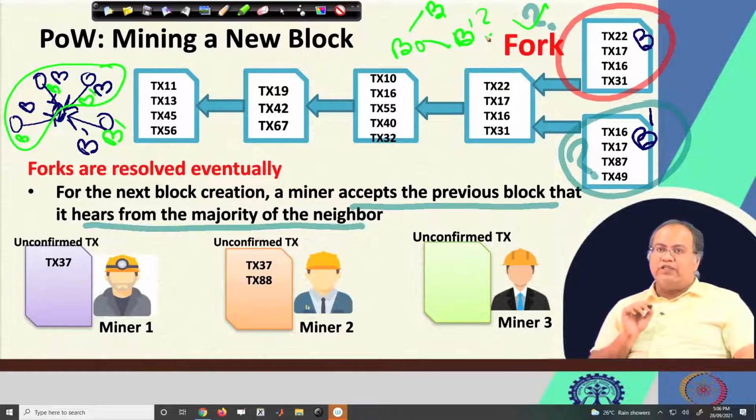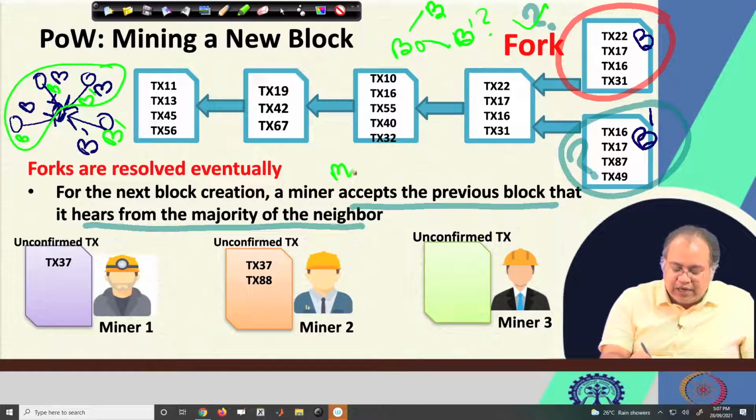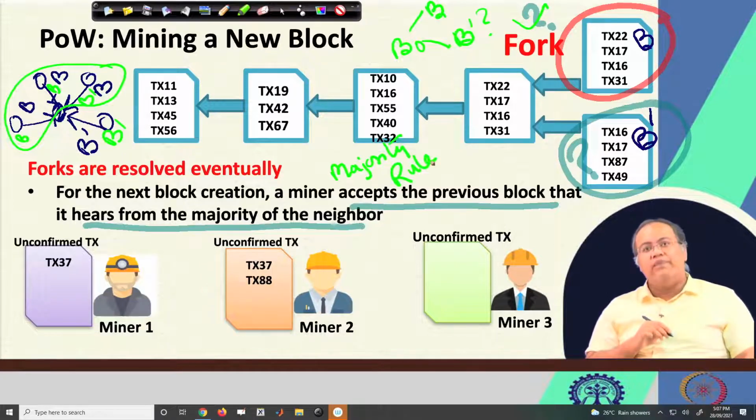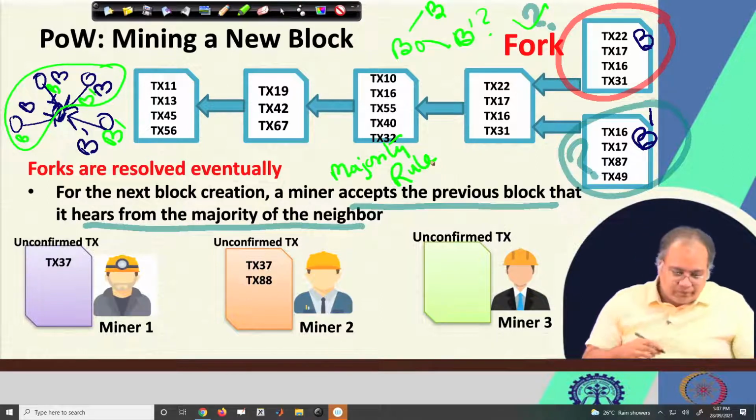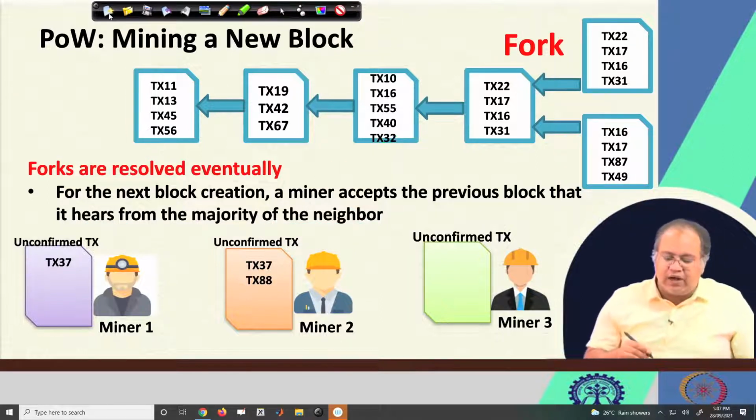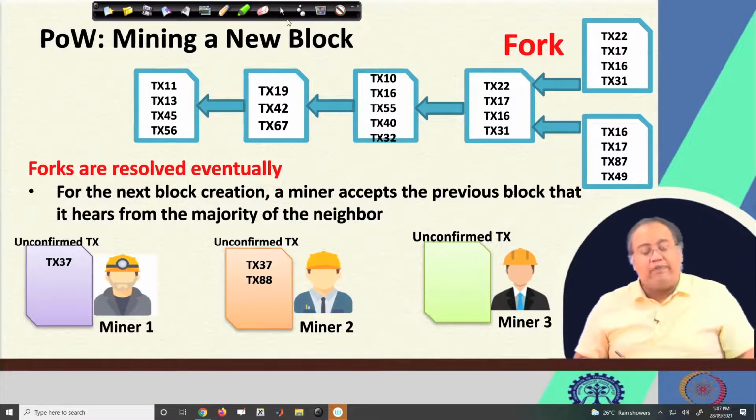The majority rule says that you accept the information which you are receiving from the majority of your peers. In the case where you are receiving the information from the same number of peers, you randomly select one, to break the tie. So, this is the core idea about selecting the next block.